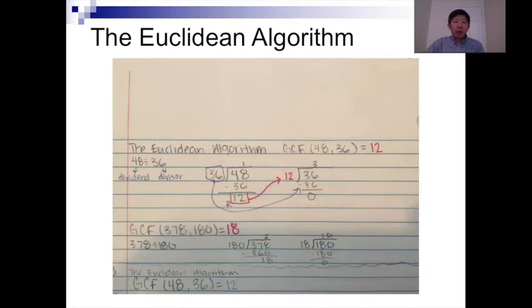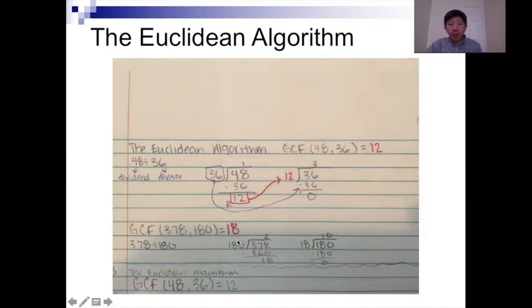Okay. All right. Now, what about another example? Here's another example for GCF. I want to find the GCF for 378 and 180. So 378 is the dividend, and 180 is the divisor. So you take 378 divided by 180. So therefore, I fill in the number 2. 2 times 180 is 360. And then I got a remainder of 18, all right? So I move 18 to where? To here, as the divisor, right?